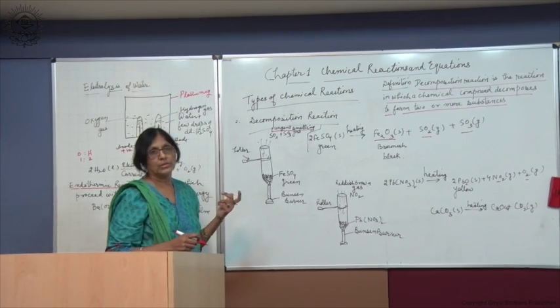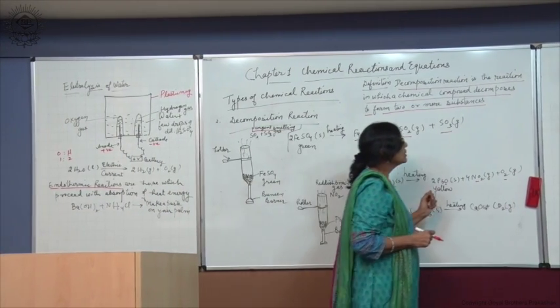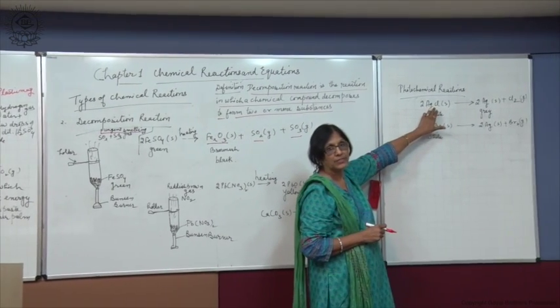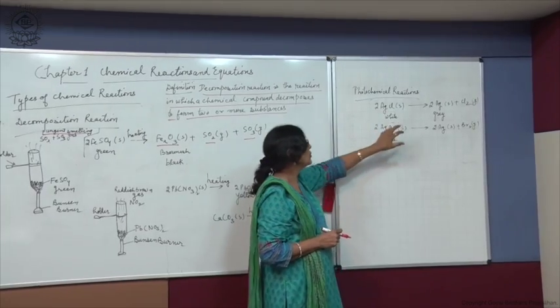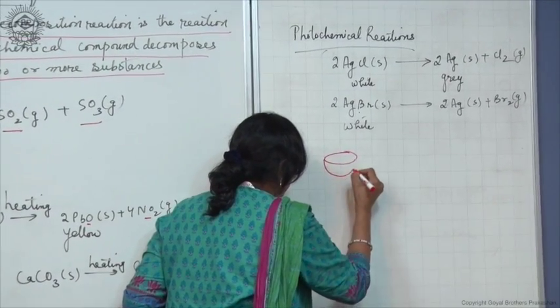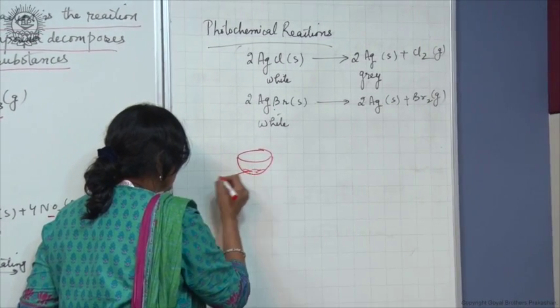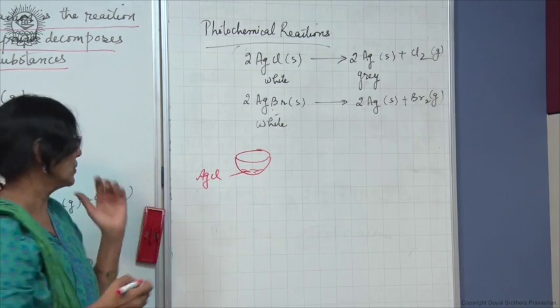There is one more type of decomposition reaction. Silver chloride, AgCl, is a salt which is white in color. It is taken in a china dish and kept exposed in sunlight.